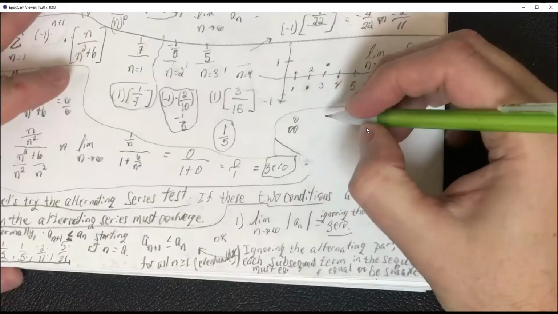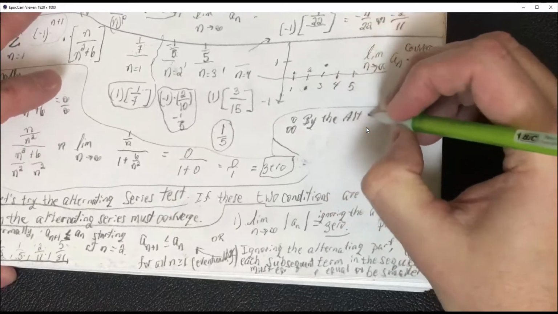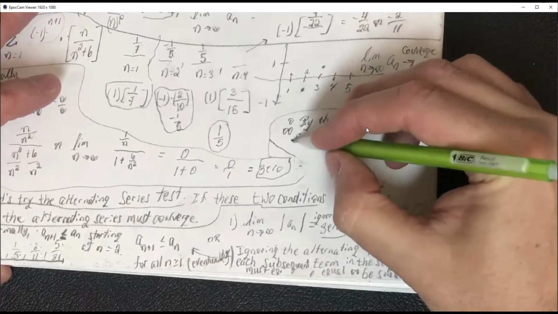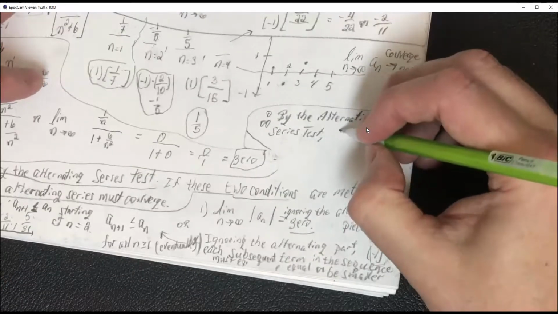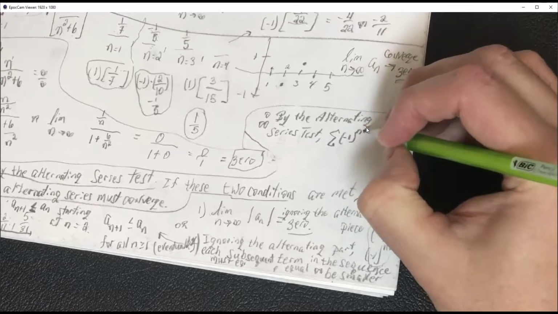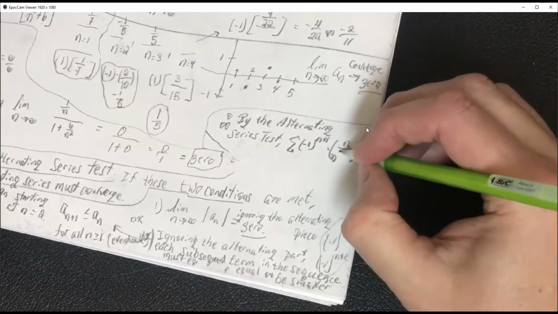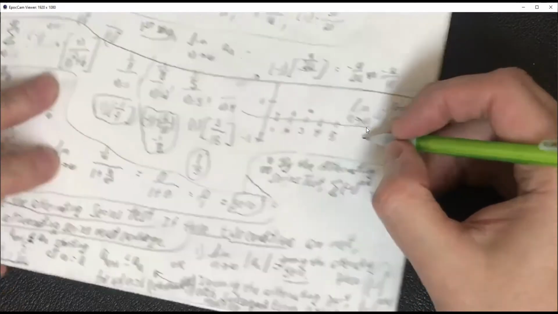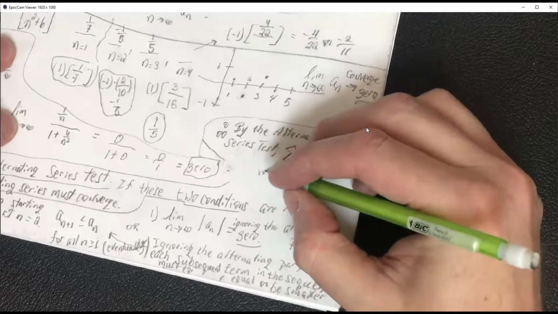Therefore, by the alternating series test, the series we began with, this series must converge.